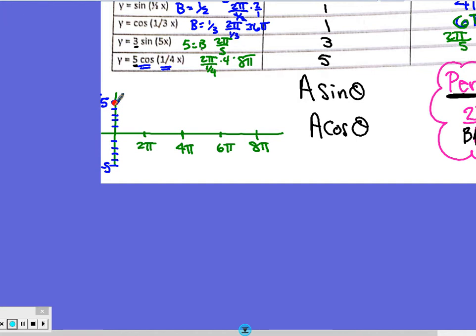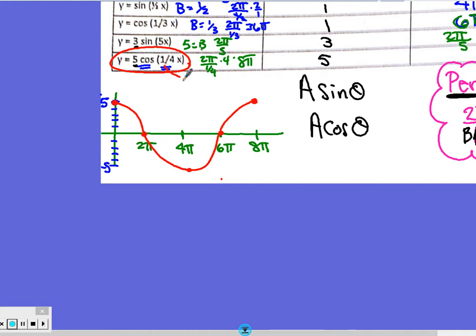It's going to start high and end high. This whole thing cut in half and then cut in half again will tell me where my values are. From +5 to 0 to -5, back to 0, and to +5. So that would be the graph of one period of this function.